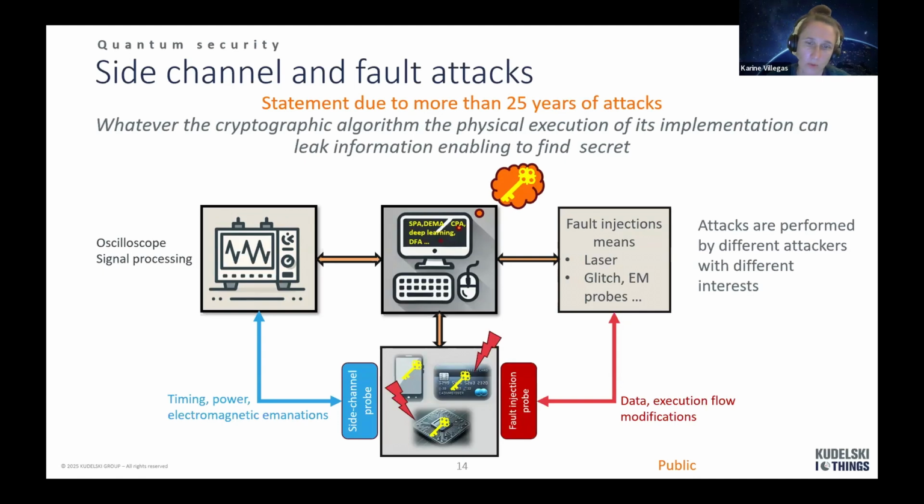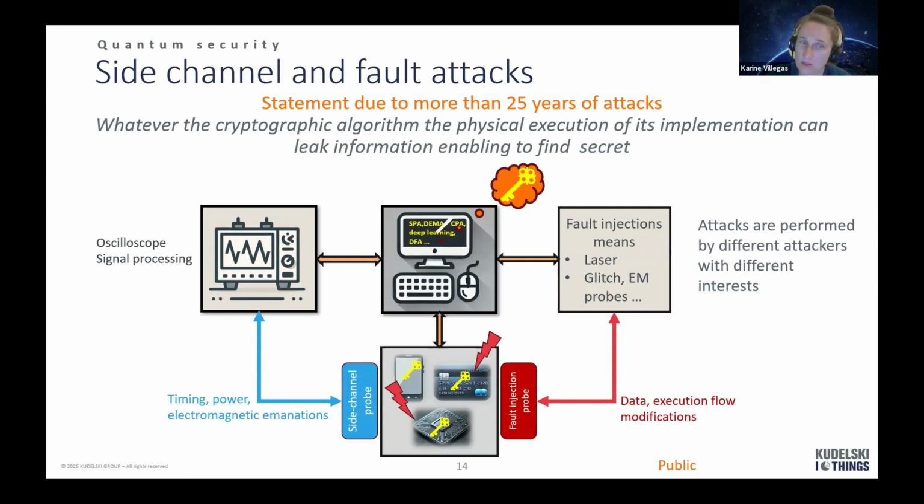And at the bottom of the slide, you can see several kinds of objects that should normally keep some elements secret. We can use side channels to collect different execution timings, power consumption, or electromagnetic emanation during the execution of cryptographic operations on these devices.